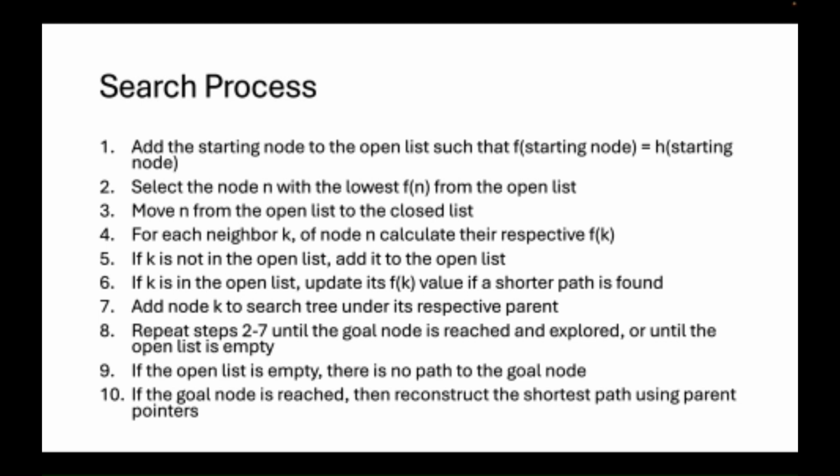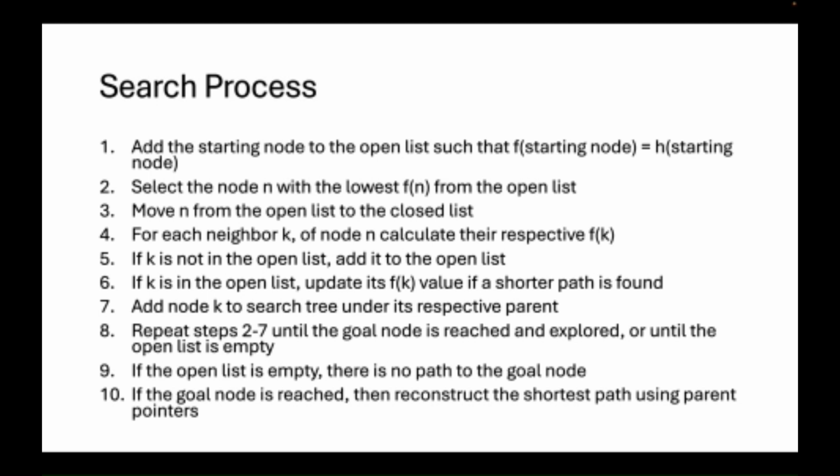Now we move into the more general loop of the algorithm, which is to select a node n with the lowest cost, or f, from the open list. We move that node n from the open list to the closed list, and then for each neighbor of n, we calculate their respective costs, or f of k.